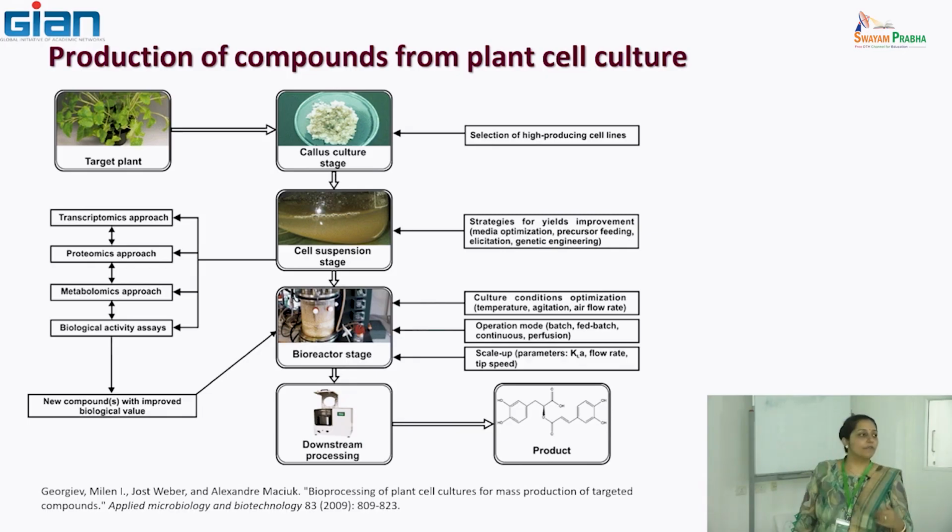So at this stage, what we do is yield improvement strategies, and cell line selection. Yield improvement strategies will include your media optimization, culture conditions optimizations. Your yield improvement strategies will also be very, very targeted towards your phytomolecule, like your elicitation and precursor addition.